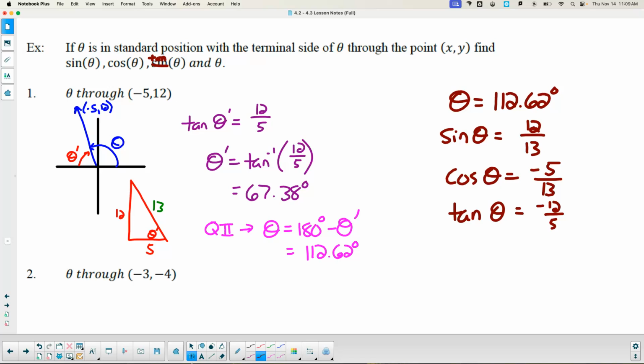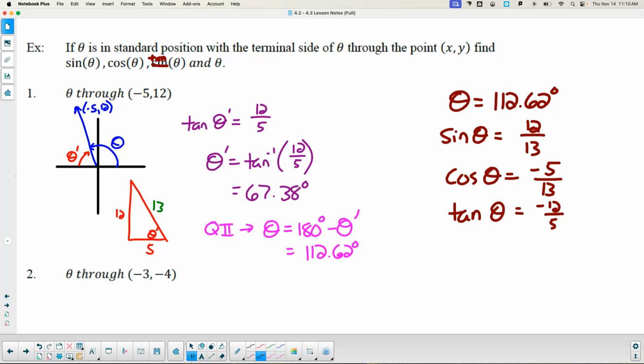Questions, comments, concerns, clarifications? Why is the 12 negative, not the 5? Because the whole fraction is negative. Tangent, because we're in quadrant 2, so tangent's negative.